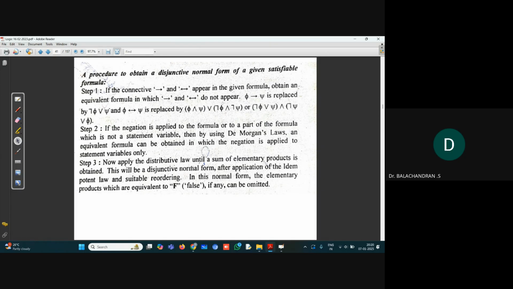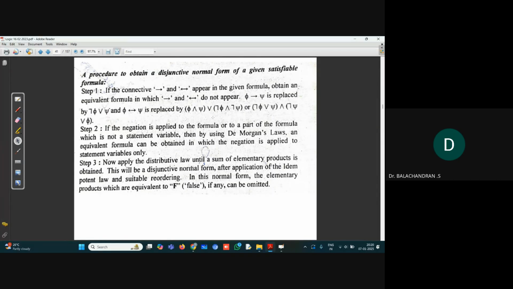Phi implies psi, you should replace by negation phi or psi. P implies Q is negation P or Q. Similarly, you should remove the biconditional first. Instead of phi biconditional psi, write phi and psi, or negation phi and negation psi. Or equivalently, negation phi or psi, and negation psi or phi.